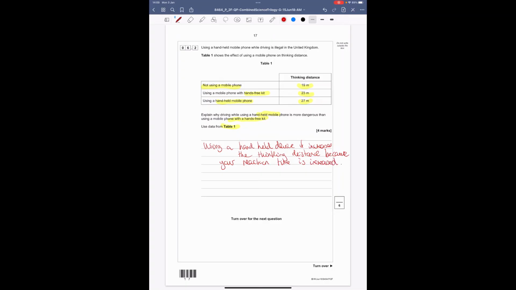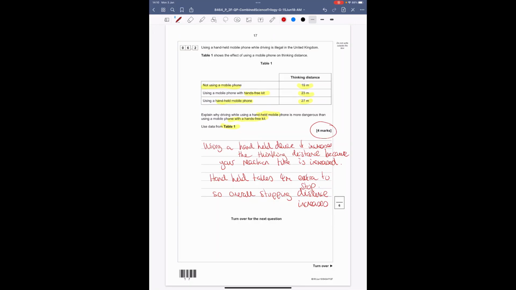Because you are distracted by something else, that is going to decrease your reaction time and therefore increase the distance it takes you to stop. And then because it's 4 marks, we could also quote some data. So handheld takes 4 metres extra to stop. So the overall stopping distance increases.